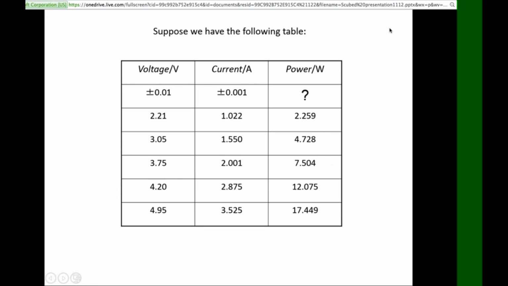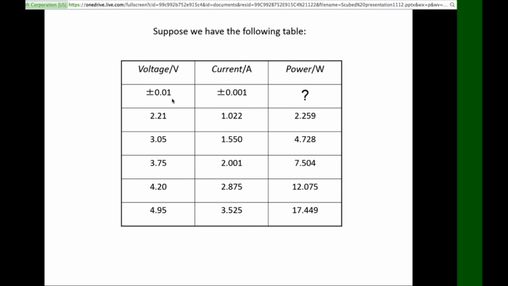So suppose we have the following table. There's the voltage in the first column, the current in the second column, and we've worked out the power in the third column. The uncertainty is written up here. If the readability error of the voltmeter is 0.02, up here we write plus or minus 0.01. Why is that?